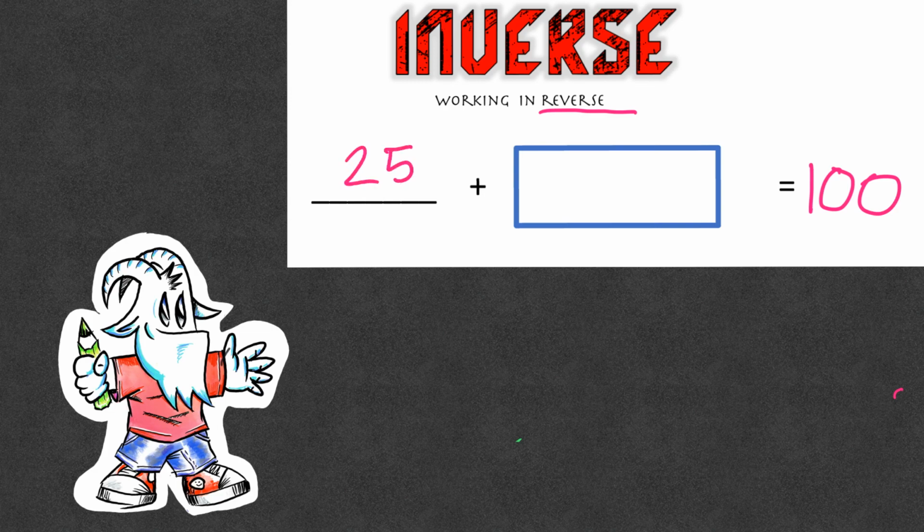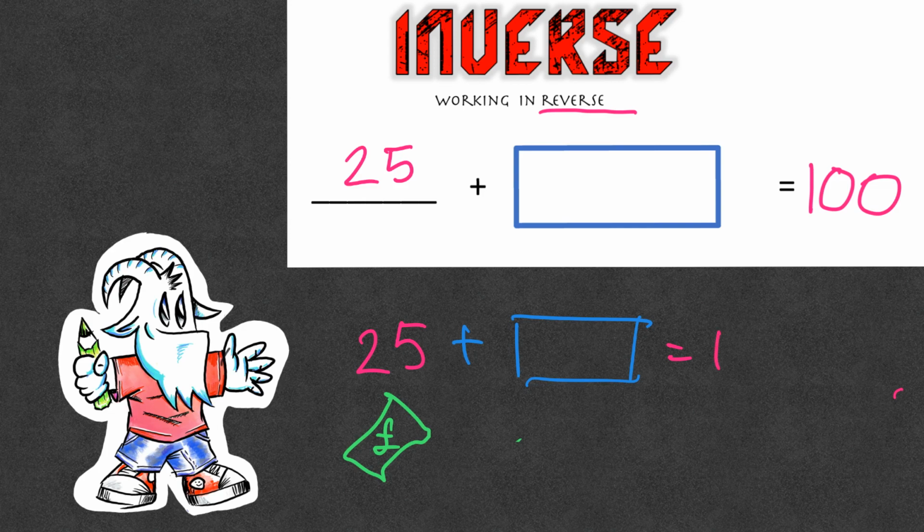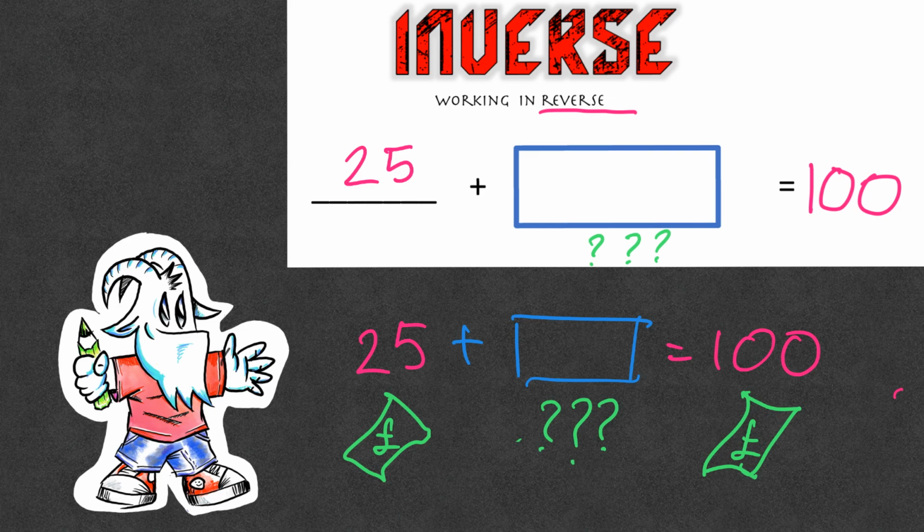So let's say that I had 25 pounds, then I won some more in the lottery, and I ended up with 100 pounds. What is the missing part? Because that's what inverse is, working in reverse, is finding the missing part.